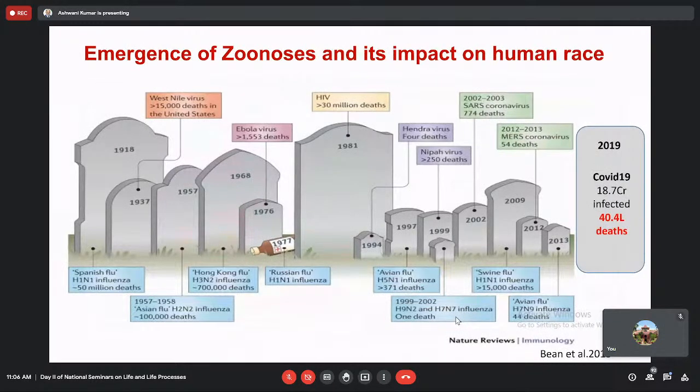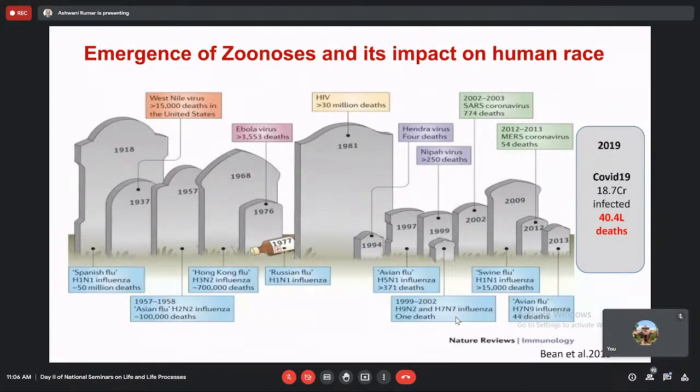And let us see the history of these outbreaks. They say that if we do not remember the history, we are condemned to repeat it. About 100 years back, there was a major Spanish flu, and then various infections visited us throughout the last century.